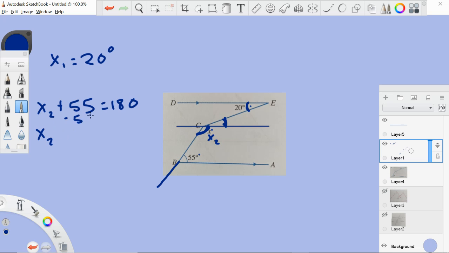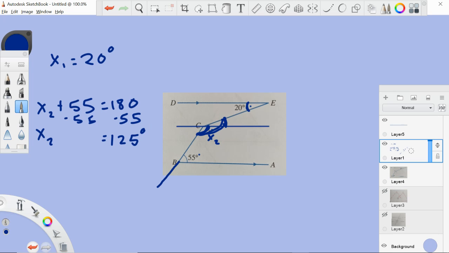So I'm going to subtract 55 from both sides. And x sub 2 is going to be equal to 180 minus 55, which gives me 125.